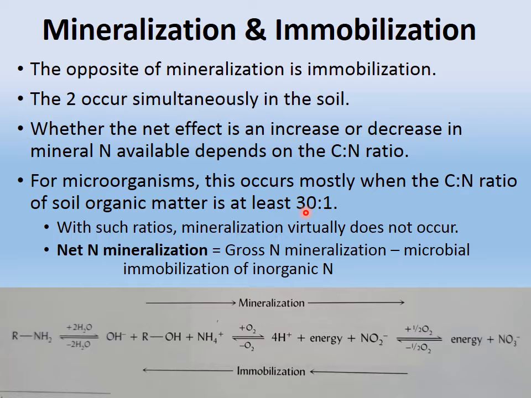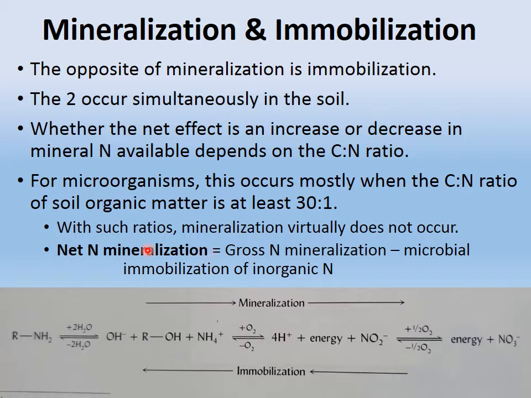But the reverse is also true. If the carbon to nitrogen ratio is very low, maybe it's 15:1 or 12:1, it means the organic material that you are working with has a high amount of nitrogen relative to your carbon, and as a result of that you are going to get net N mineralization.